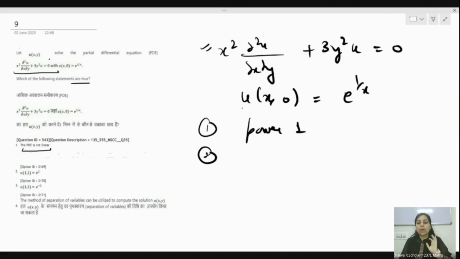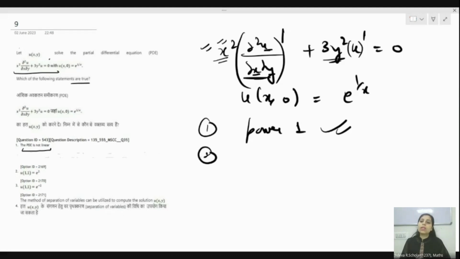It should also be power 1. So here the derivative has power 1. The dependent variable is u. The independent variables are x and y. So u is also power 1 here. So the power is 1 in the given equation. Also the multiplying terms are independent variables, x and y both.